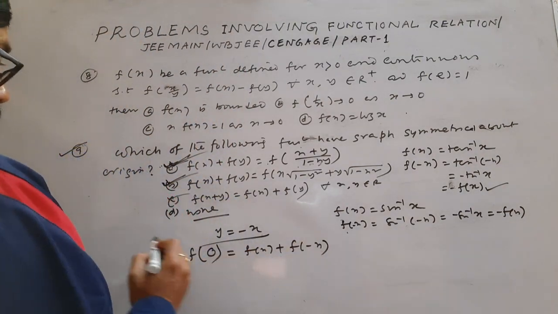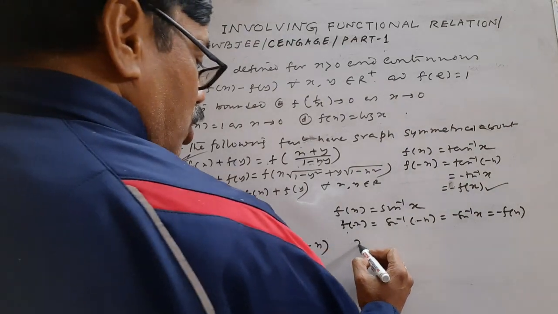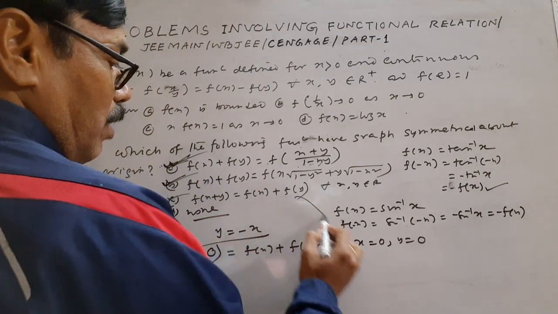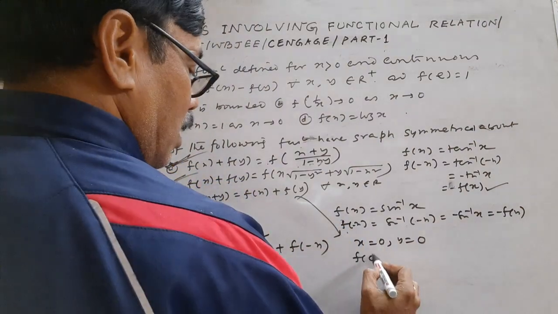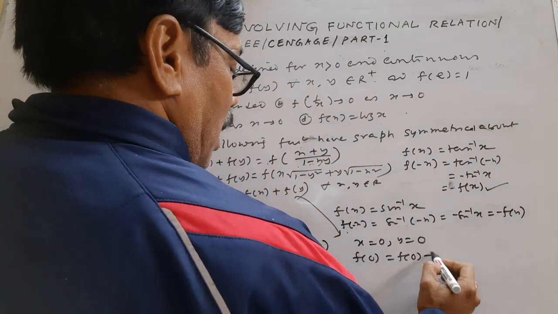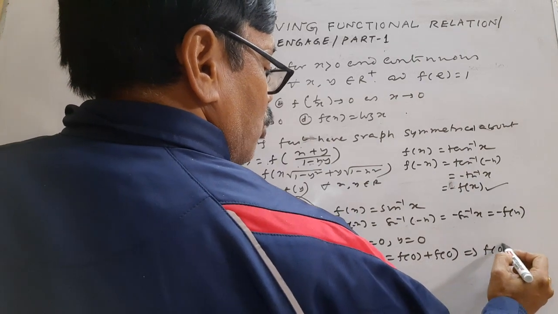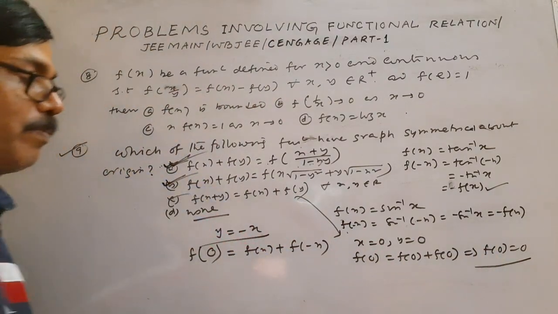Now if we put x = 0 and y = 0 in the given relation, we get f(0) = f(0) + f(0). This implies f(0) = 0.